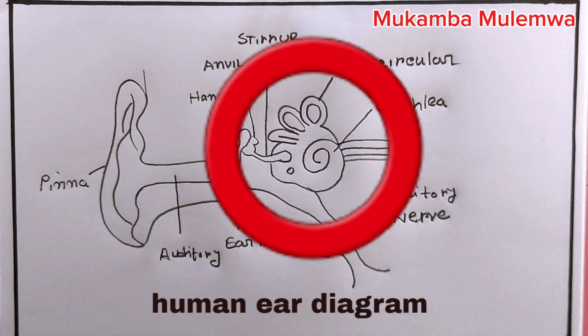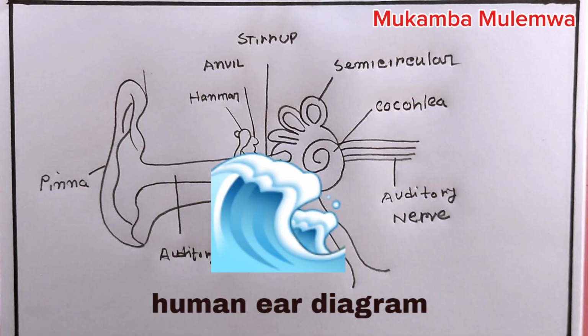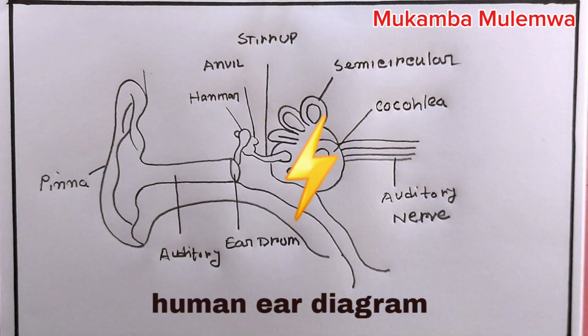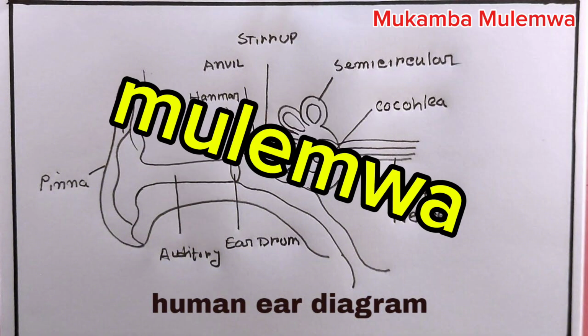of the cochlea. So after the sound has been transformed from a wave into an electrical signal, it is sent to the brain via the auditory nerve, where it will be interpreted and perceived: this is the sound, this is a trumpet being blown, this is my name being called, this is a voice.